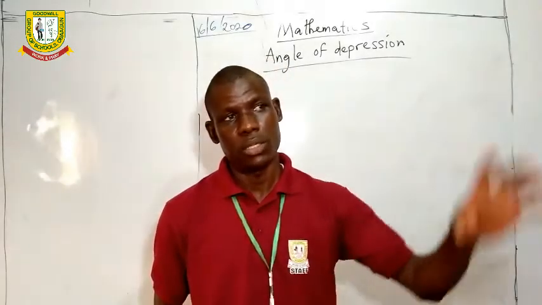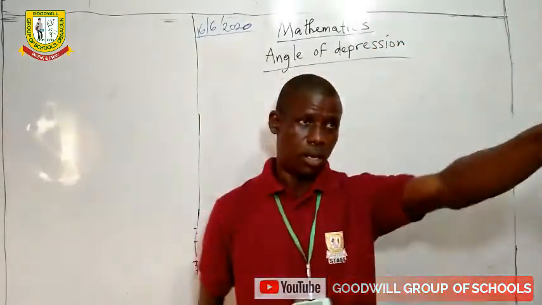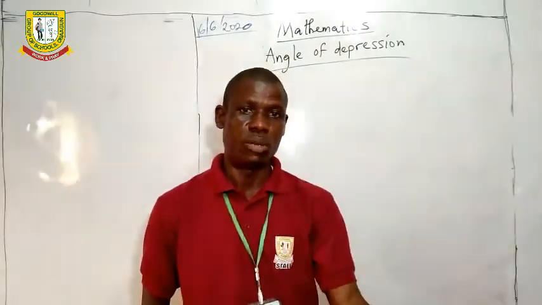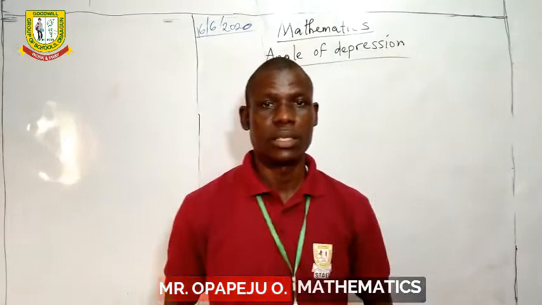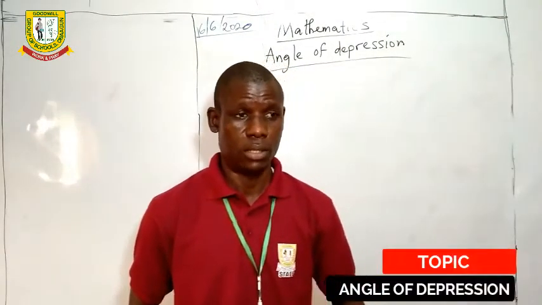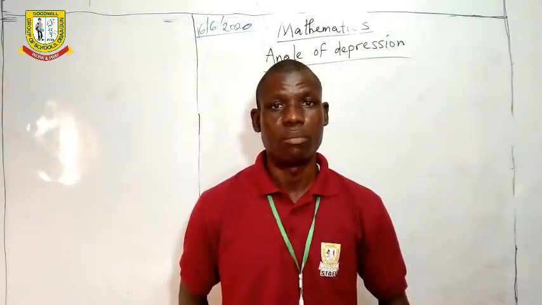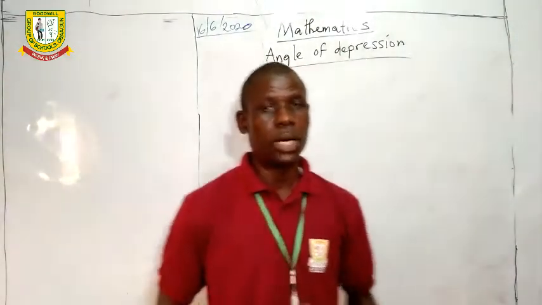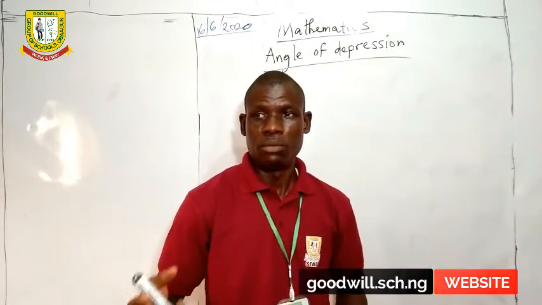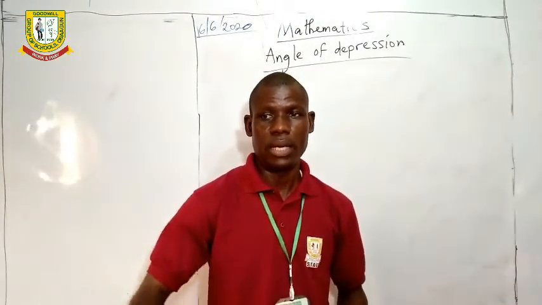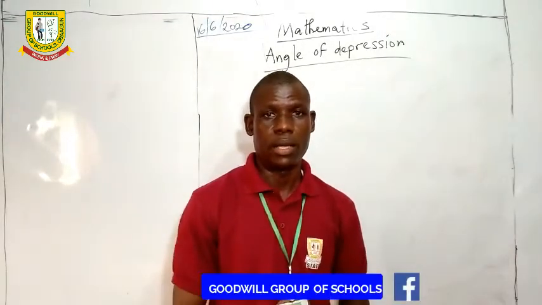Either the object is located at a level that is above our eye level or below our eye level, and we've treated angle of elevation, that is the view we have when looking at an object that is above our eye level. Now, angle of depression is the view we have when we are looking at an object that is below our eye level.